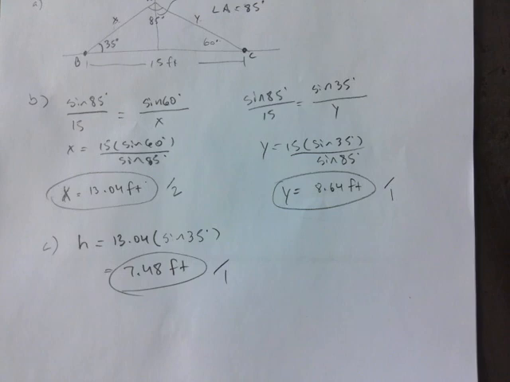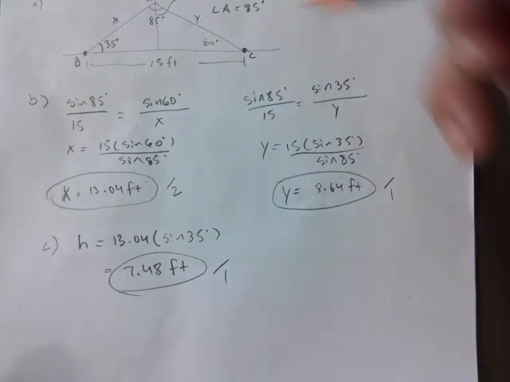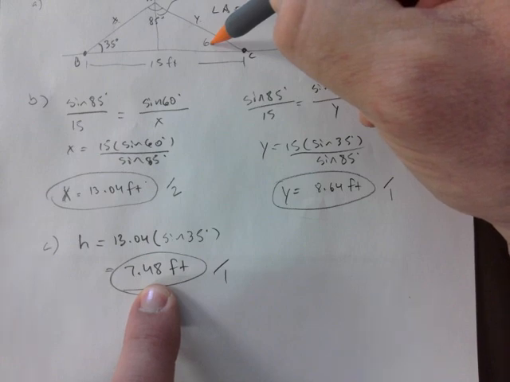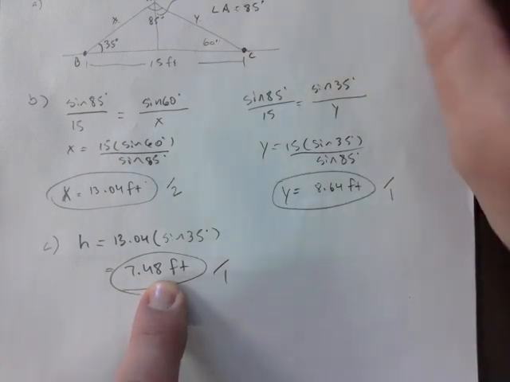If you cut out that one triangle, and you did the sine of 90 over, that's fine. If you couldn't remember the shortcut, it's okay with me. You get the same answer if you use the other side. If you use y times sine of 60, you get the exact same answer. Sometimes you might be off by 0.01 because of rounding, and that's fine.